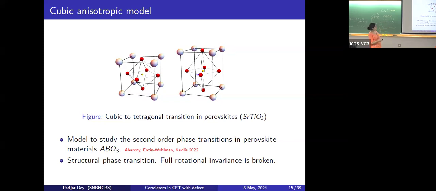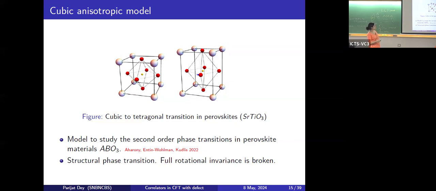So this is a cubic lattice, and here at the center of the cube we have this titanium ion, and inside the cube we have this octahedral structure which consists of these oxygen atoms. So this is the octahedra, and everything surrounds this titanium ion inside.